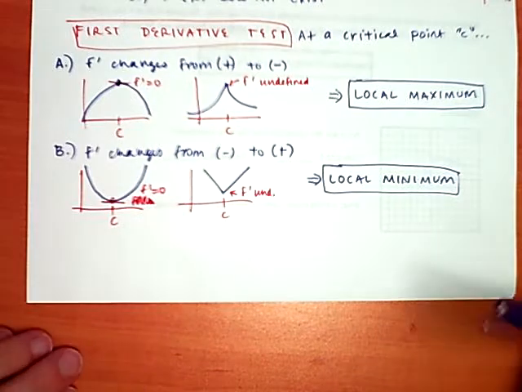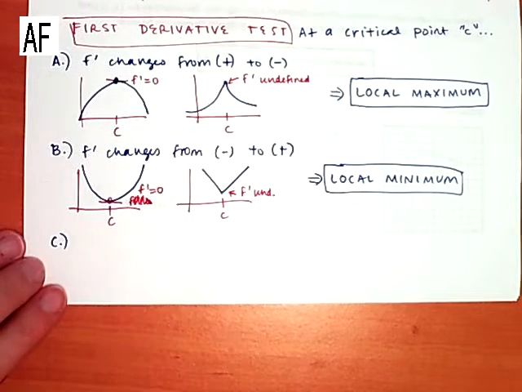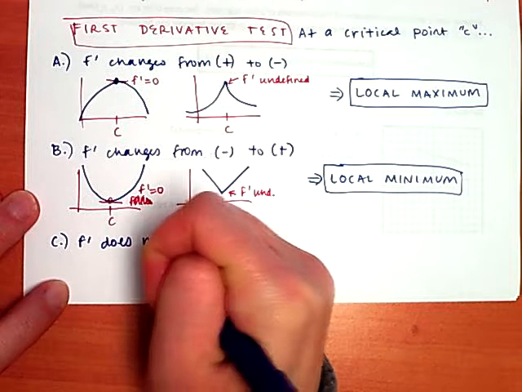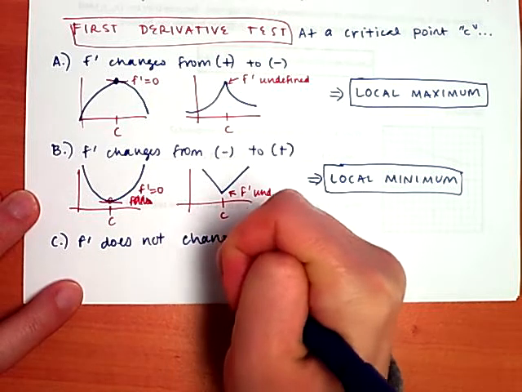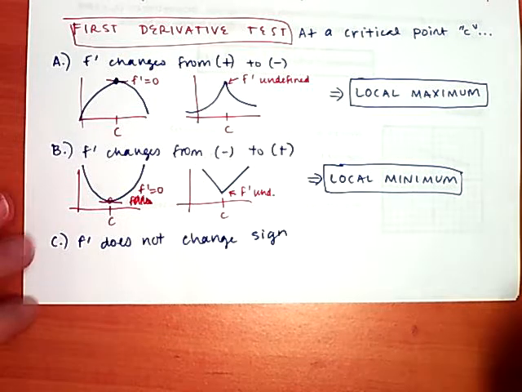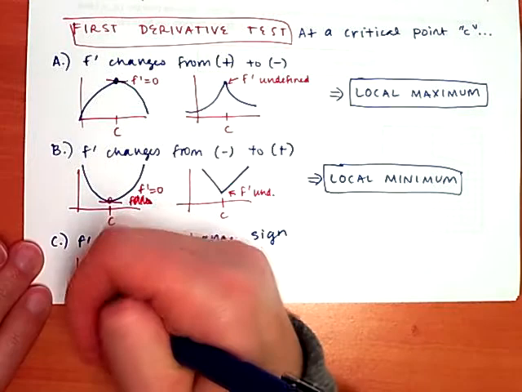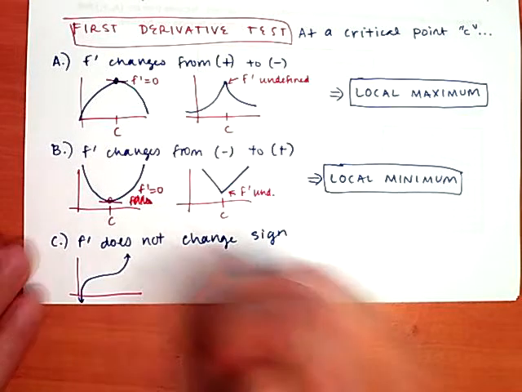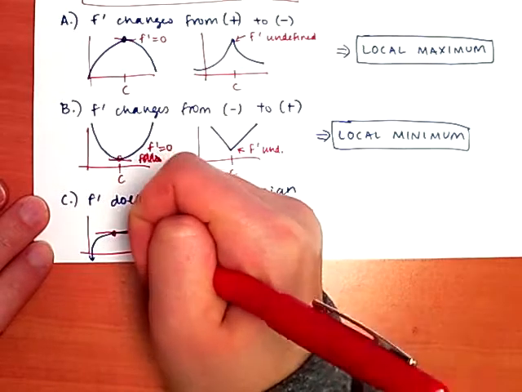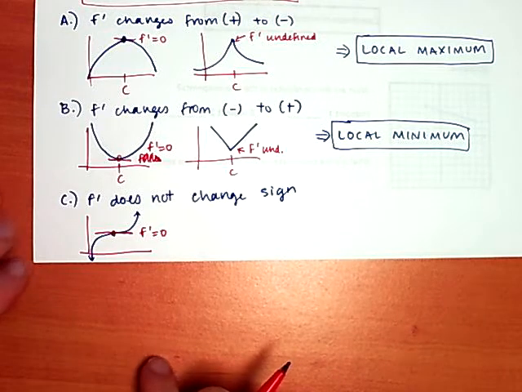There's one more thing that could happen, and that would be that the derivative doesn't change sign. What that would look like is something like this. Here there's a place where f prime equals 0, but it's increasing on either side of that, so there's no max or min.